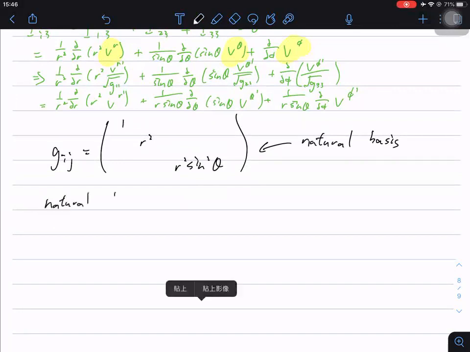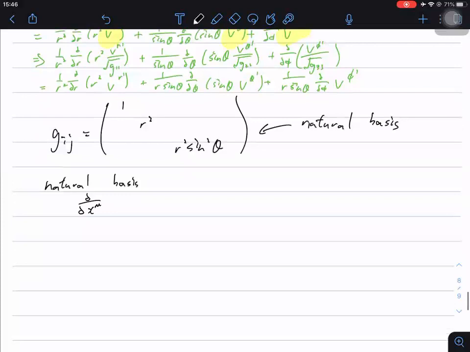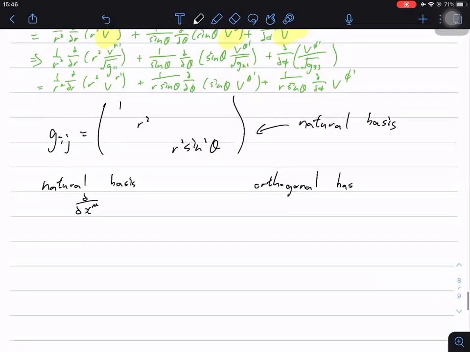For natural basis, when we do partial derivative, it is something like this, right? Just taking the derivative with respect to the coordinate itself. But in orthogonal basis, if we want to do it directly, we have to divide by an extra term here.